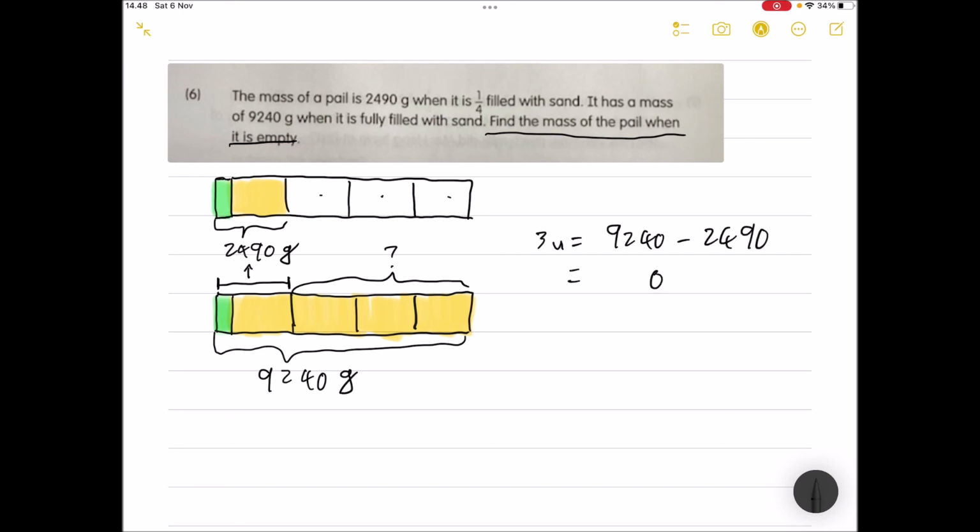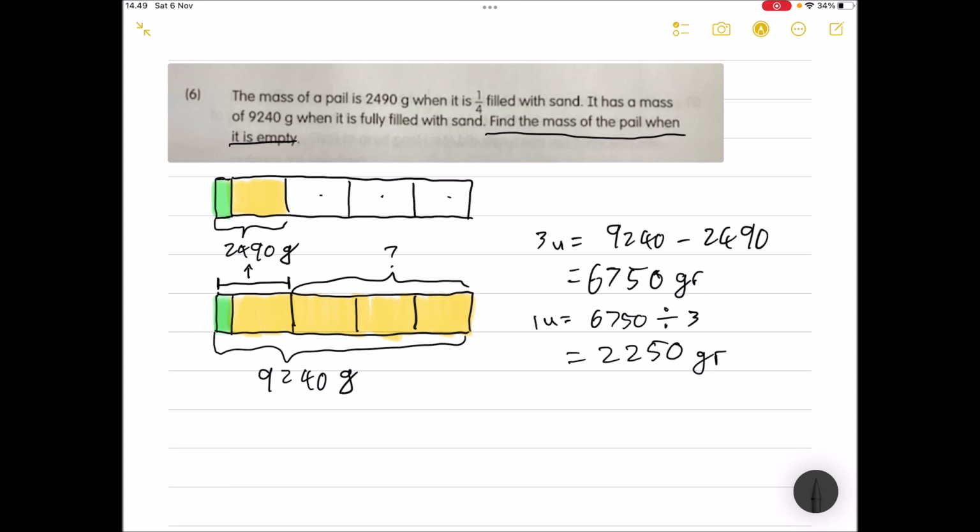And then when we take it away, you get 6,750. So 3 units is equal to 6,750 gram. Now we can find 1 unit: 6,750 divided by 3. To save time, I will divide it myself. 2,250. So we know that 2,250 gram is 1 unit of the sand.